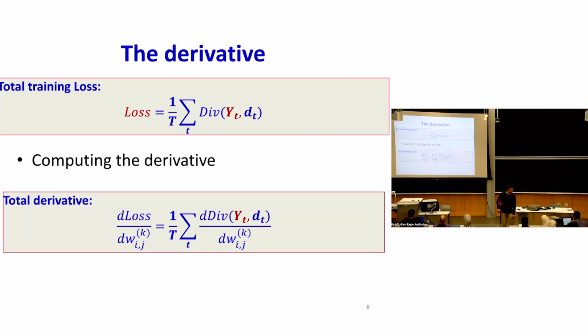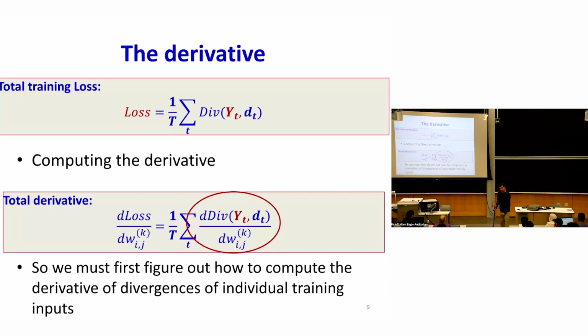So if I take the derivative of the loss with respect to any parameter, then due to the linearity of the summation, this is just the average of the derivatives of the divergences for individual training instances with respect to the parameter. And so what we really want to compute is this term here, which is the derivative of the divergence with respect to individual network parameters, w_ij. So we will see how we do this. Any questions?